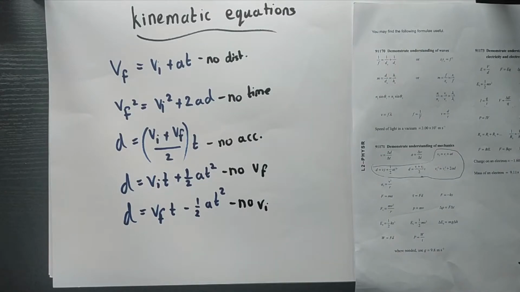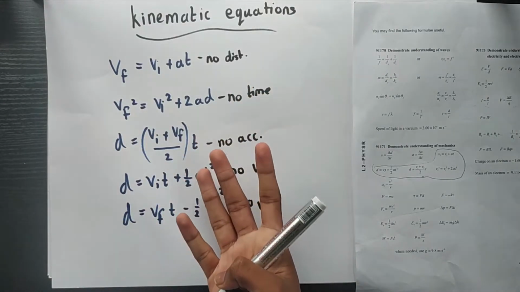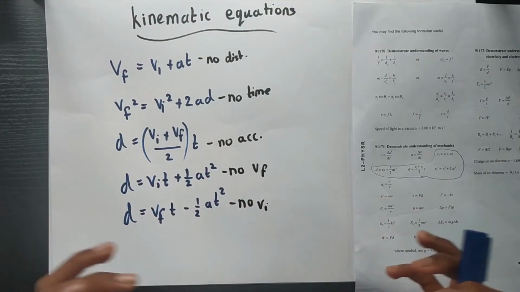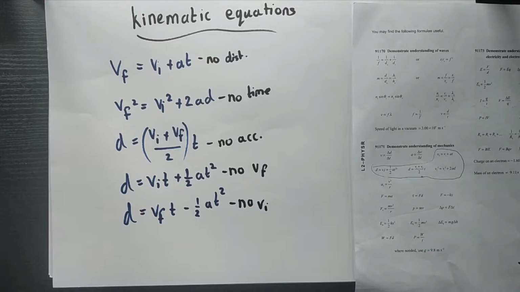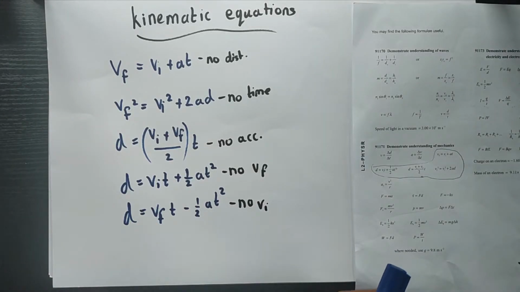So there's 5 variables. However, each equation only includes 4. Right? You see what you don't have and the one they're trying to find out. And then that leaves you with 3 values you have to know.